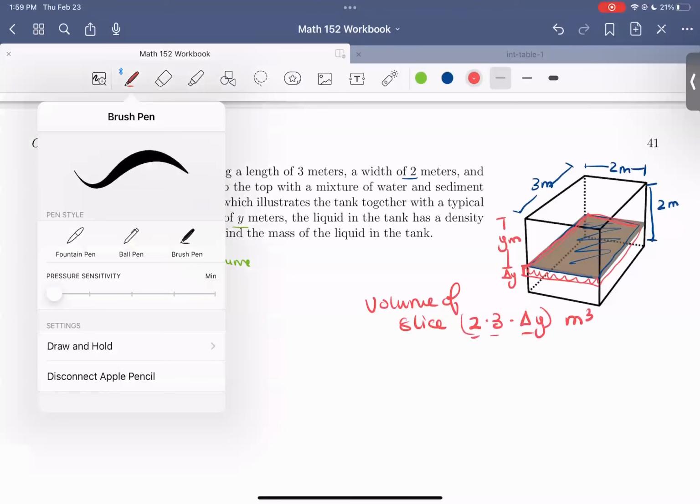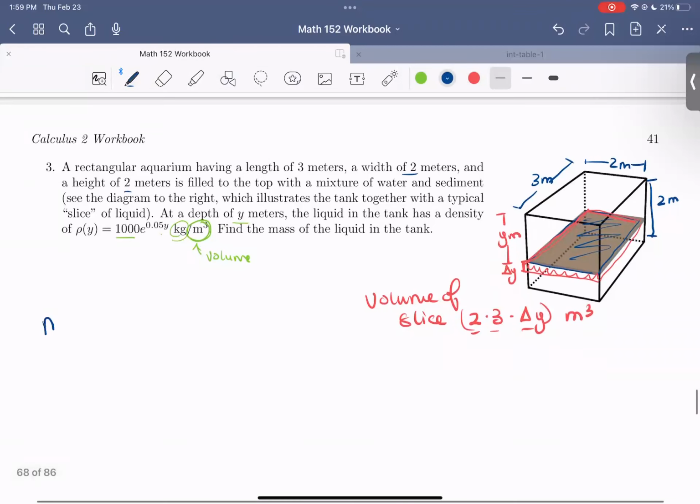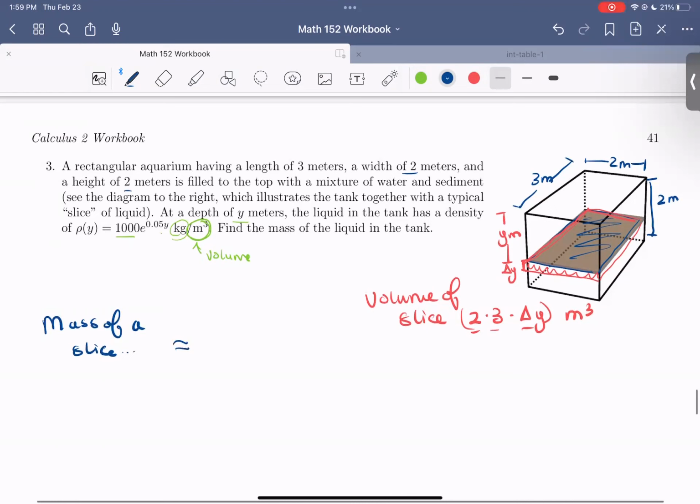Okay, so then together, let's determine what the mass of a slice would look like. So mass of a slice would be about, assuming that it's going to be uniform density on that entire slice. And that's why we're doing this. We're getting a small enough slice so that it is uniform density throughout that piece.